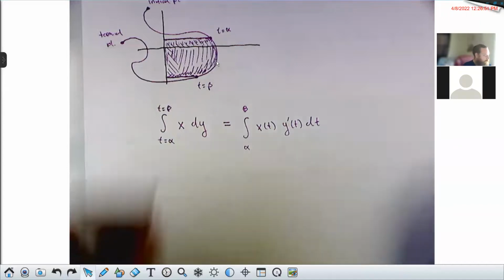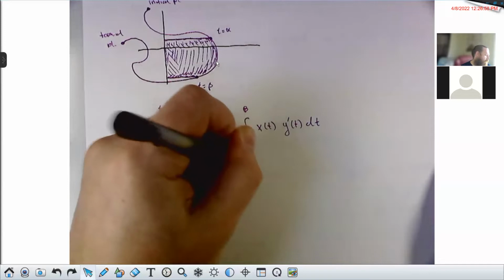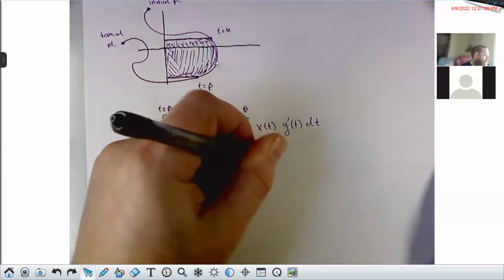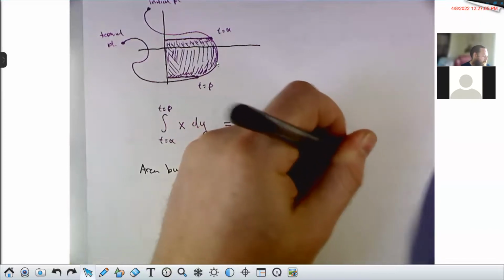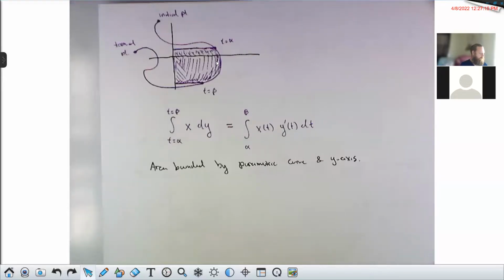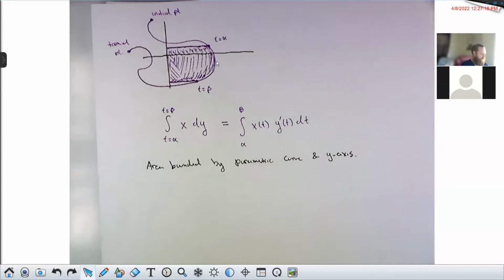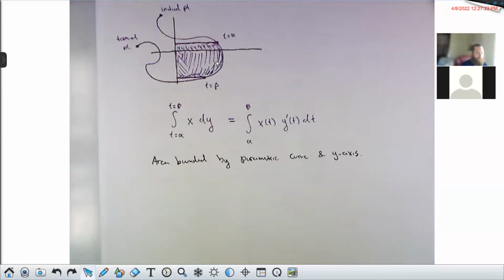This is the area bounded by the parametric curve and the y-axis. Let me see if I can get these two up simultaneously.